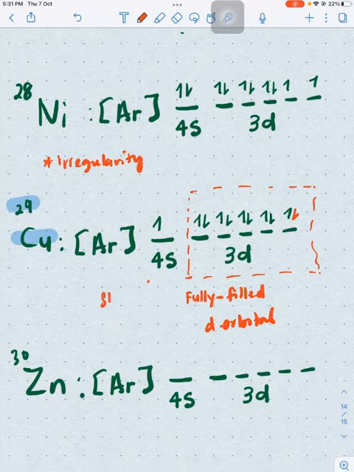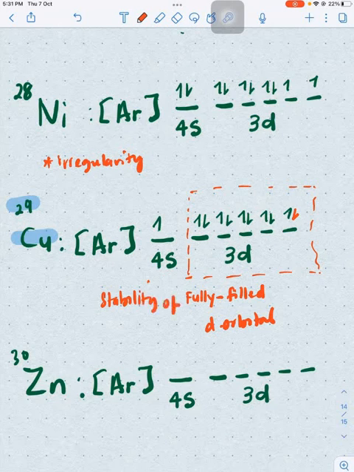So ini irregularity ni kita panggil sebagai stability of fully filled d orbital. So which means that the right electron configuration for copper adalah argon 4s1 3d10, bukan 4s2 3d9. Okay, so you have to be very careful untuk dua jenis irregularity ni dekat transition metal. Kena ingat full fill ataupun half fill. Okay, so is that clear?